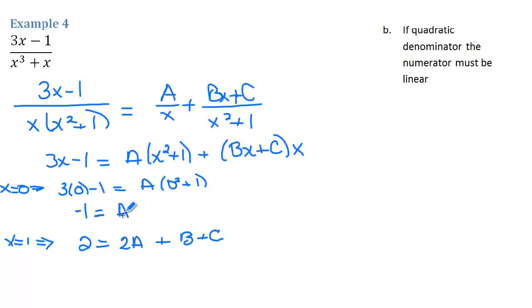And we know that 2 times negative 1 will eliminate the 2a. So b plus c has to be equal to 4.